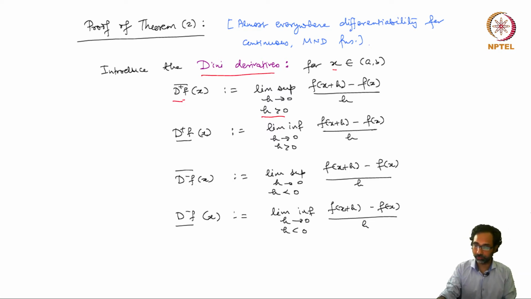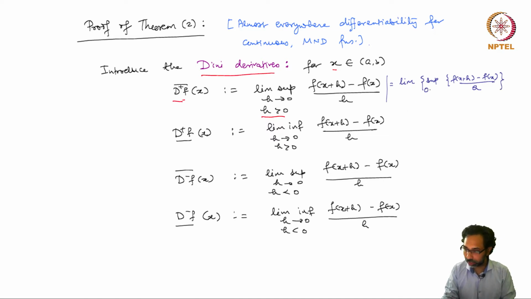By definition this lim sup is equal to the limit of the supremum of this expression, f(x plus h) minus f(x) over h, where the supremum is taken over all h in an interval 0 to delta, and then you let delta go to 0 from the right.